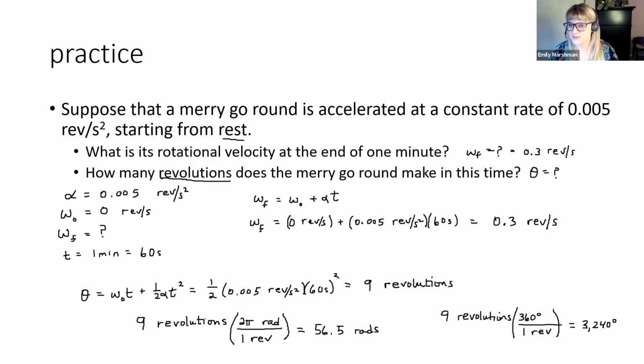So these are all describing the rotational distance. How much of an angle has this thing rotated through in 1 minute? It's gone through 9 revolutions, or 56.5 radians, or 3,240 degrees. So we're simply applying kinematics equations to rotational motion now.